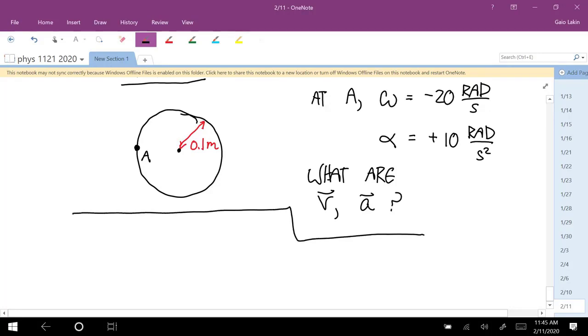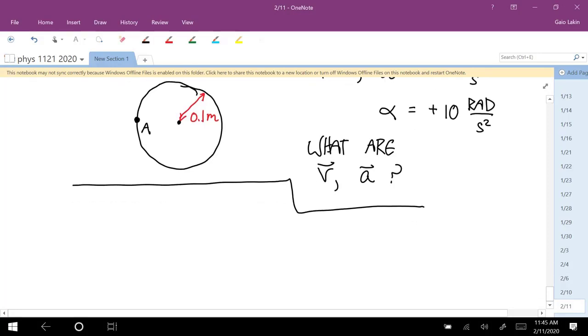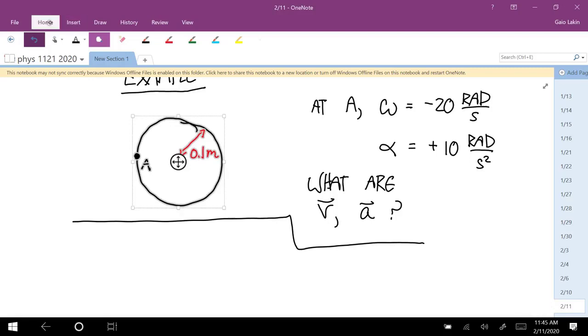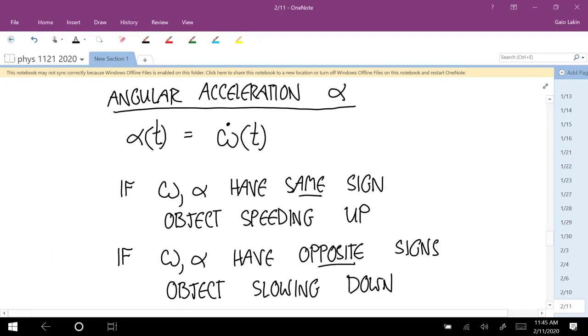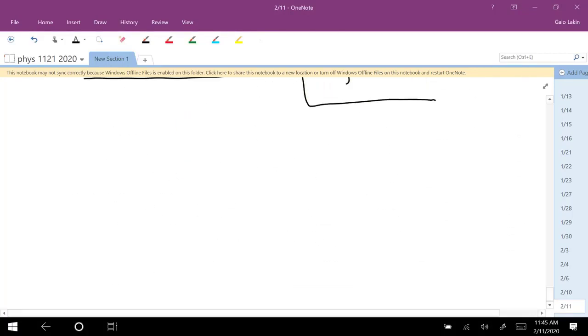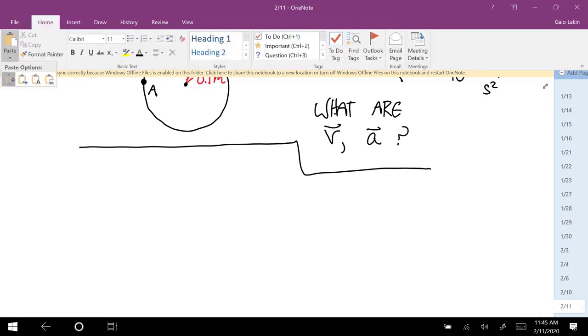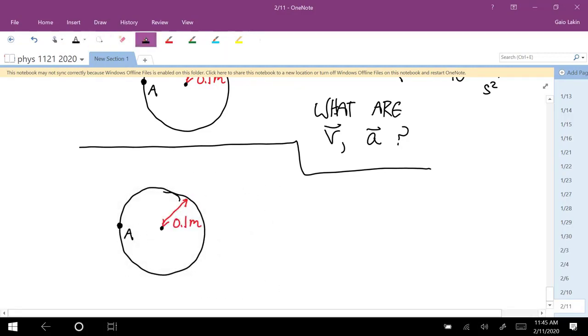Yeah, so the way we're going to go through this is think about the directions first, and then we'll do the calculations and include those. Okay, so let's think about the directions.